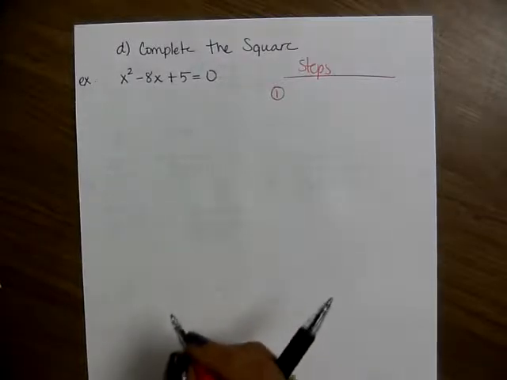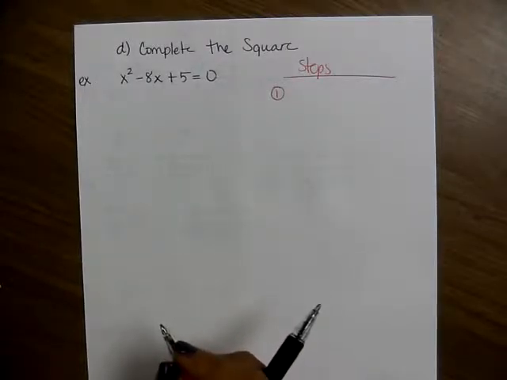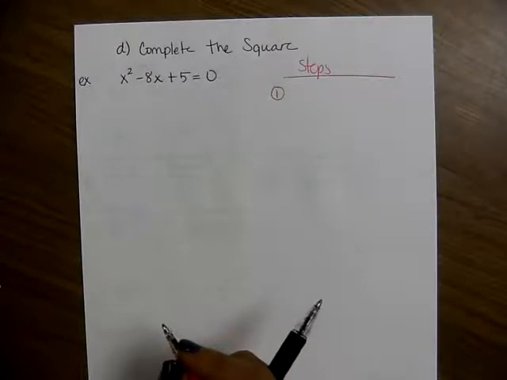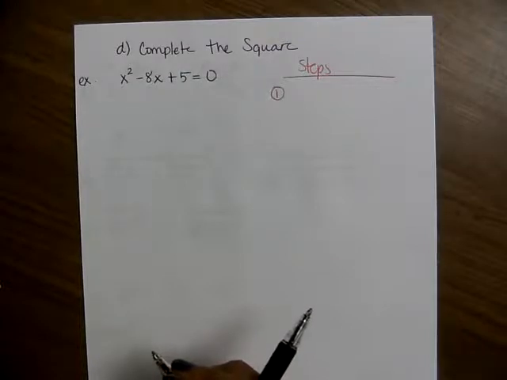There are really two methods that you can use to complete the square. I'm going to show you one method because in a couple weeks we're going to revisit this and we're going to use it. So I think if I show you both, it's more confusing. But you may have learned this a little differently last year, okay?